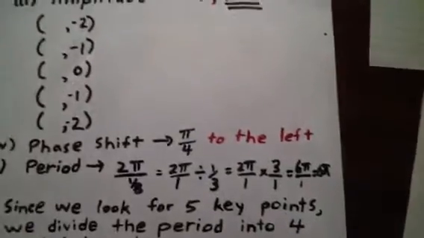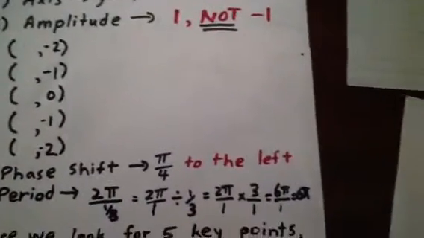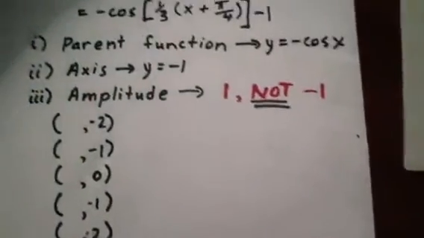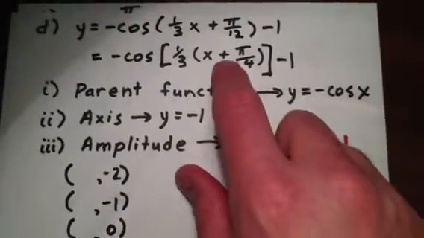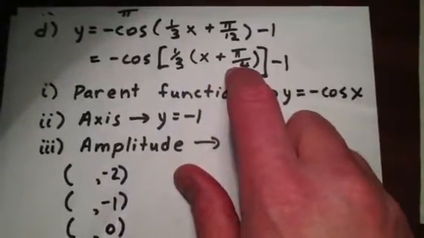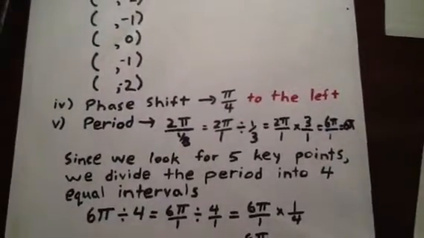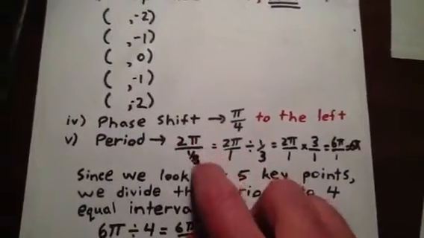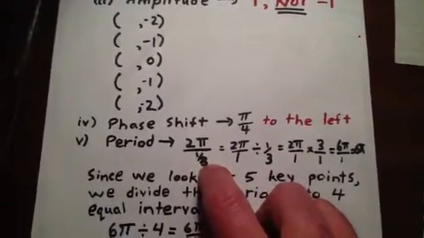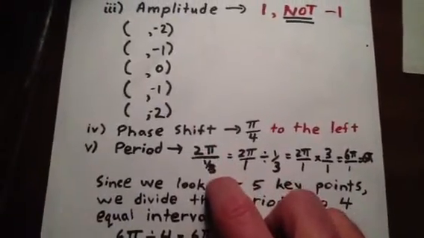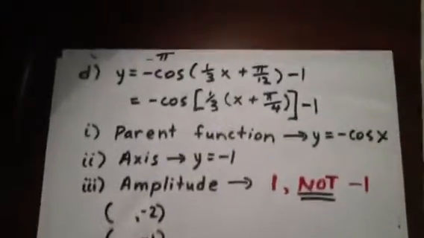In this case our phase shift will be pi over 4 to the left. And the reason it's to the left is because we have x plus pi over 4 in the argument. The period is going to be 2 pi over 1/3. That's kind of hard to see, but that says 2 pi over 1/3. Now how did we get that?